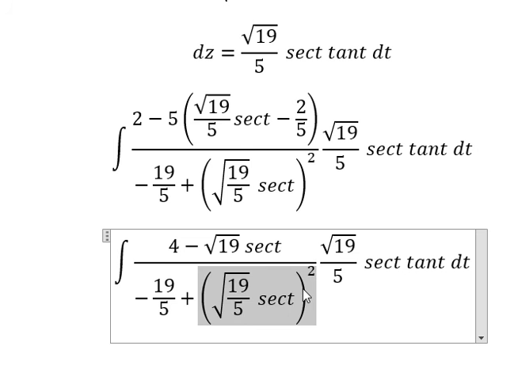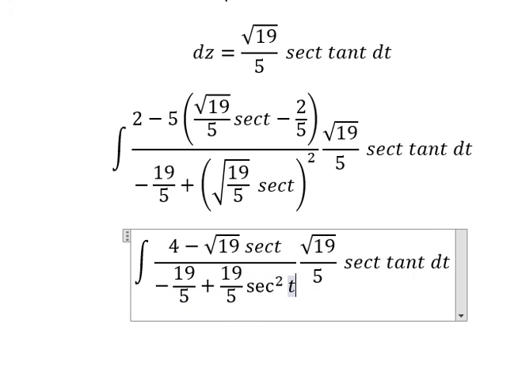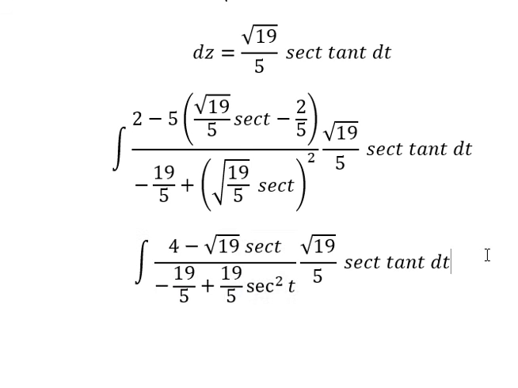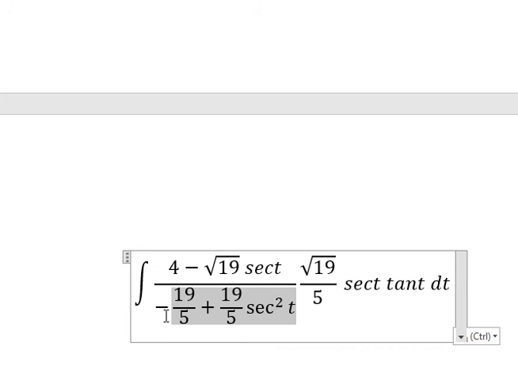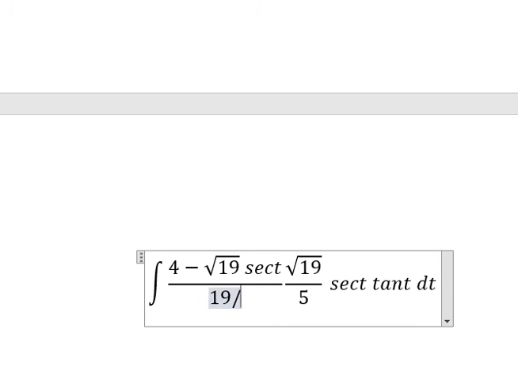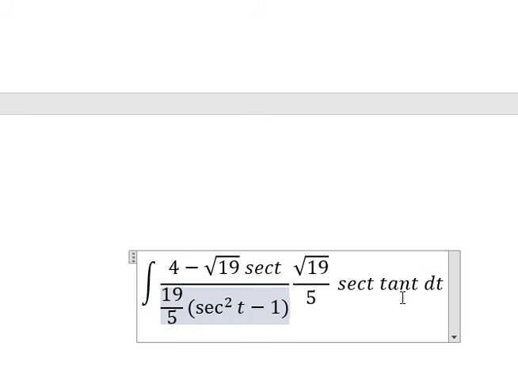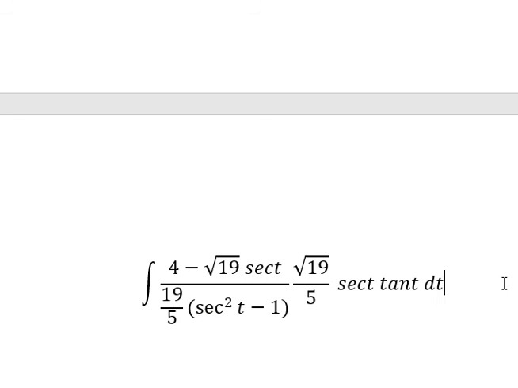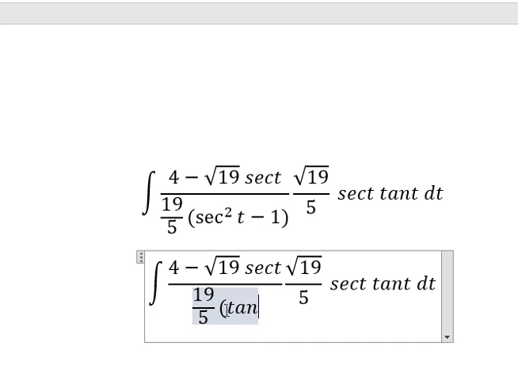Next, about this one, we have 19 over 5 secant of t squared. So 19 over 5, 19 over 5, we can do factorization. So this one we change by tan t squared.